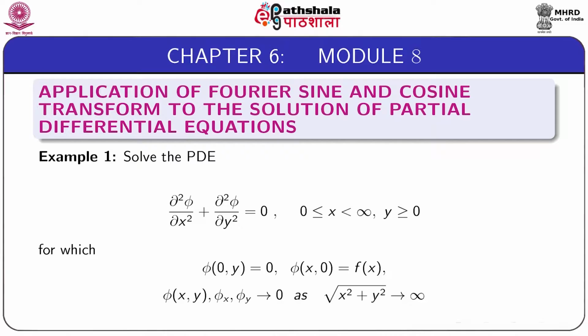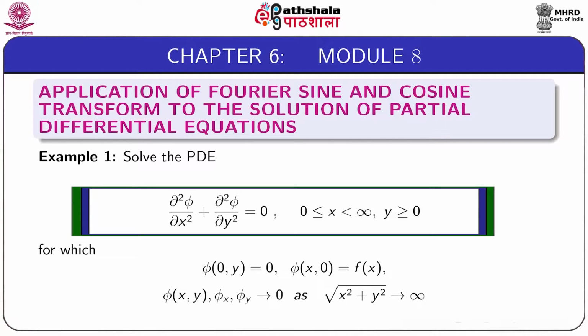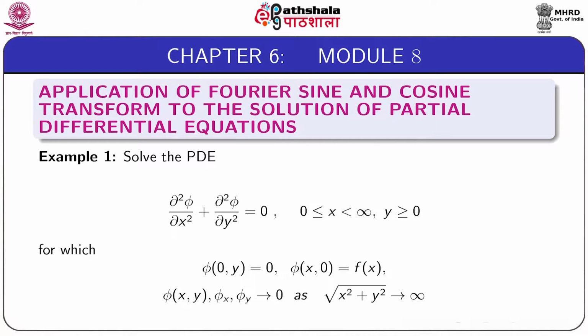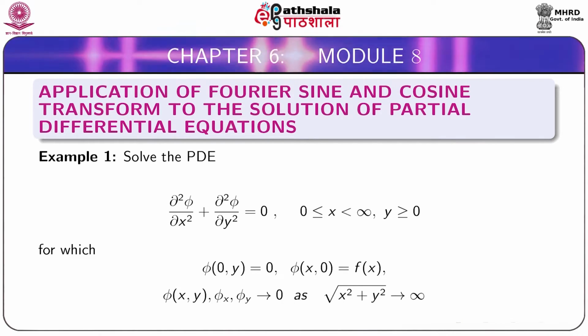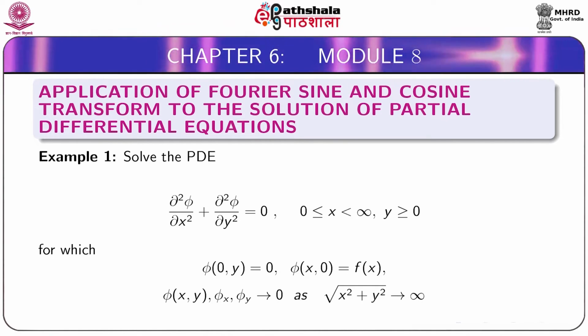Now we consider example 1. Here we shall solve the partial differential equation in phi(x,y) which satisfies the Laplace equation, del 2 phi del x2 plus del 2 phi del y2 equal to 0. The range of x is from 0 to infinity and y is also from 0 to infinity.